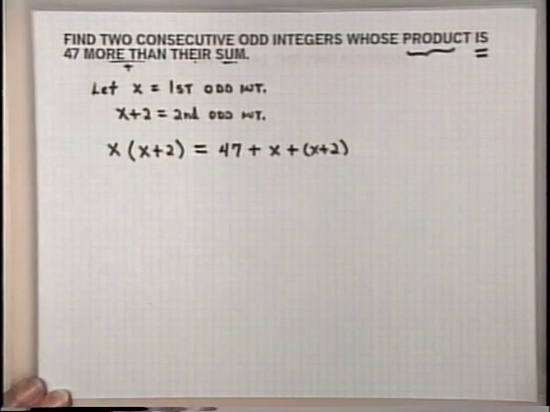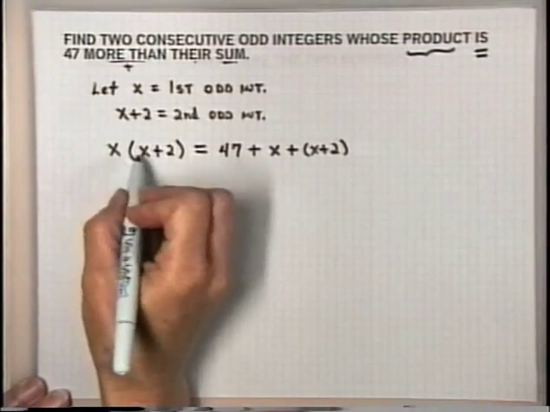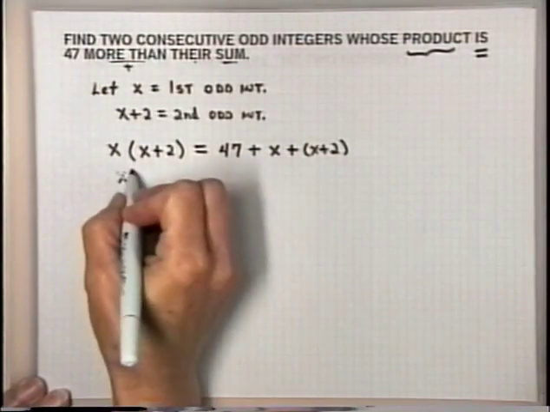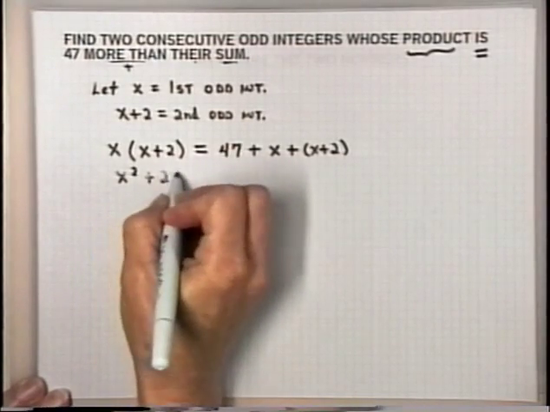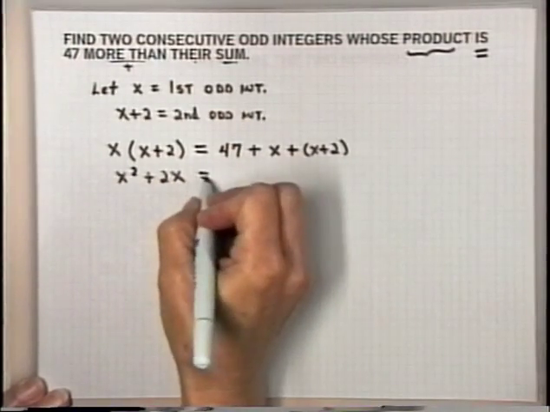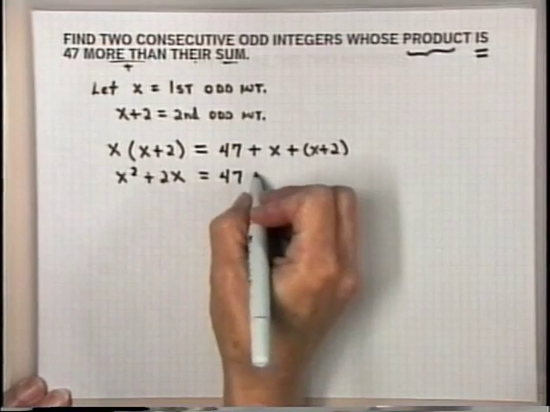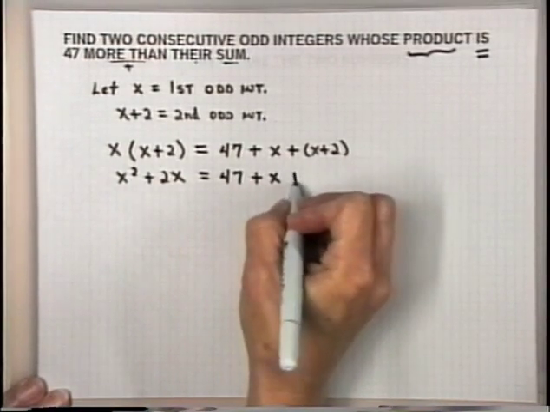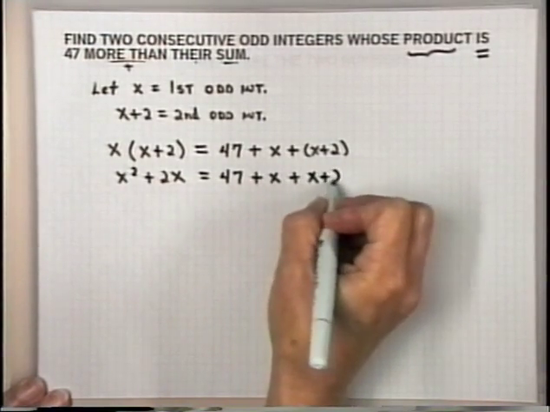Now, to work this equation that we have written down, our first step would be to remove parentheses. So let's distribute our x over here. We have x squared plus 2x is equal to 47 plus x plus 2.